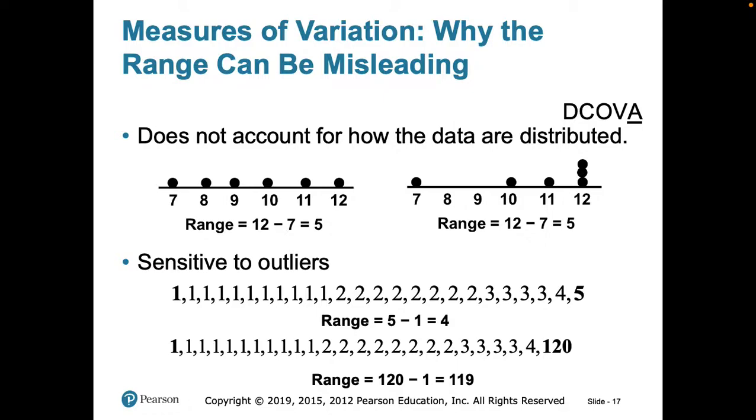You have several values that are 1, and then you have a value that is a 5. So your range is 4. You can say, yeah, my range is only 4. Okay. But what if you have one value that is 120? So all of a sudden, you have your range going from 4 to 119 just because one value changed. So in that sense, the range could be misleading. But again, it's the simplest way to measure variation.